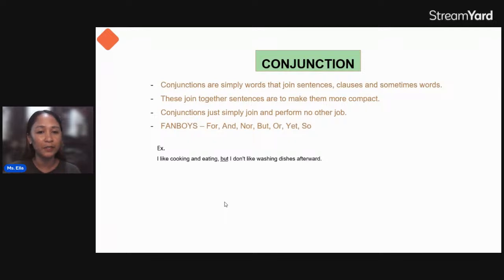We have the first clause, I like cooking and eating, and the second clause, I don't like washing dishes afterward. Or shall we say two sentences, which we put together in one sentence by using the conjunction but.